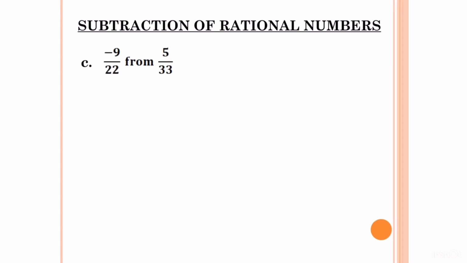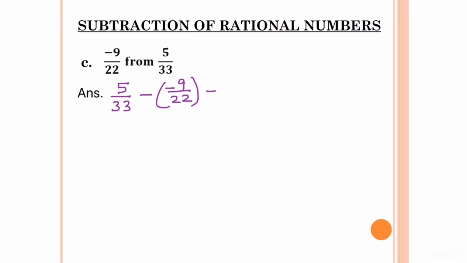Subtract minus 9 by 22 from 5 by 33. That is 5 by 33 minus of minus 9 by 22.